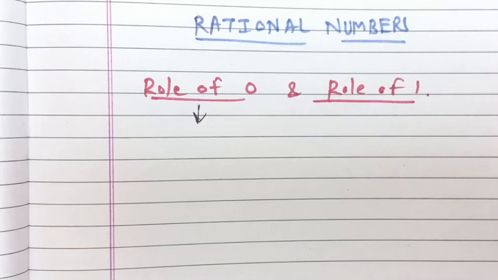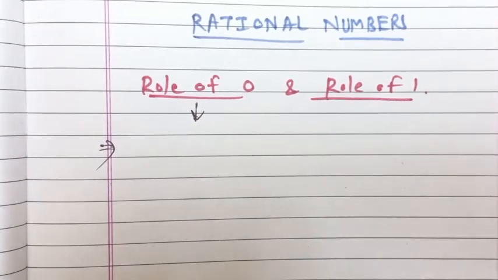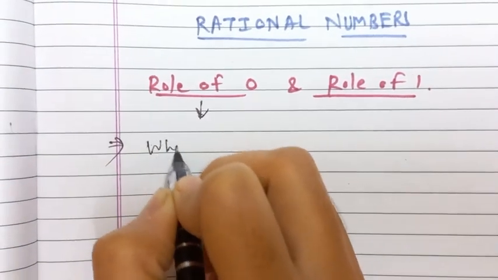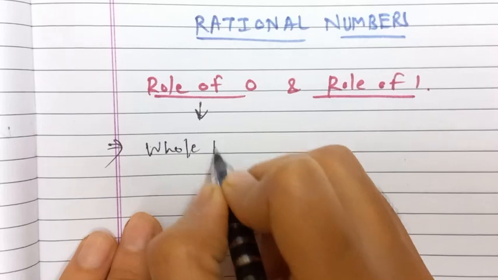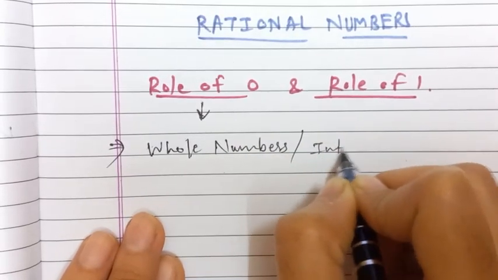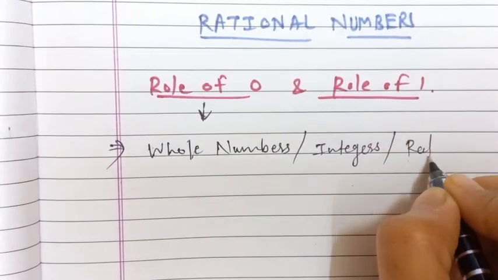Let's start. We know three types of numbers: firstly whole numbers, then integers and rational numbers.